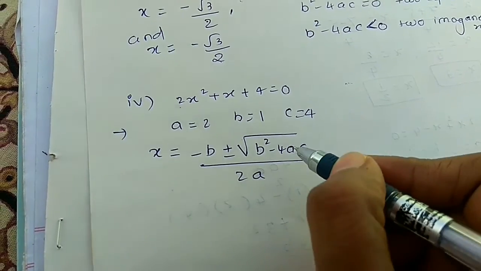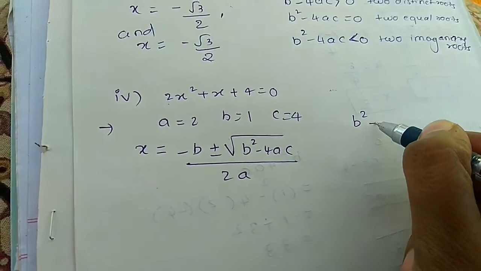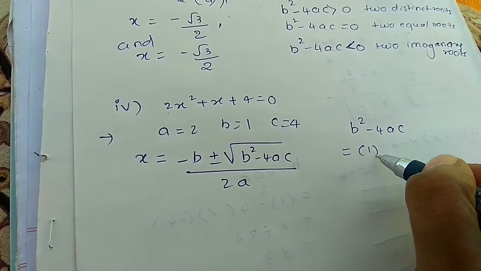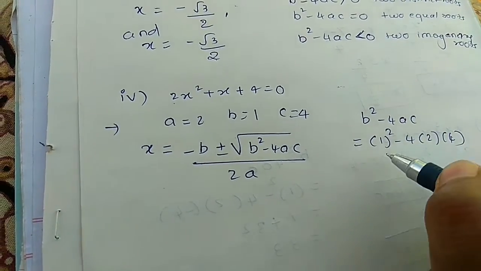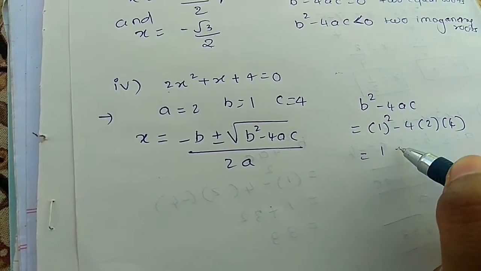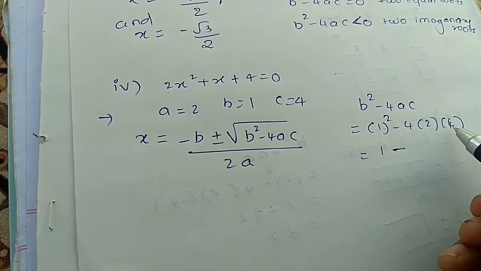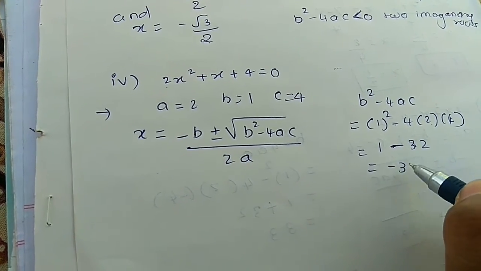We can find b square minus 4ac first and then put it in this formula. So b is 1, its square, minus 4 into a is 2, c is 4. 1 square is 1, minus 4 times 2 times 4 is 32. So what will remain? Minus 31 will remain.